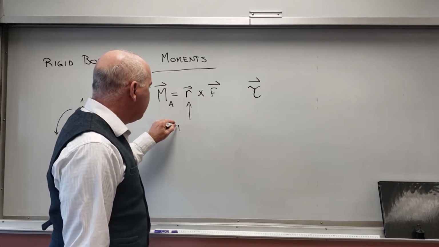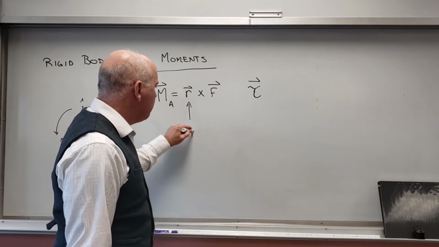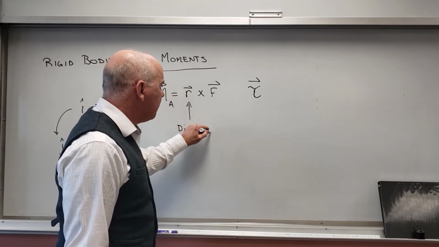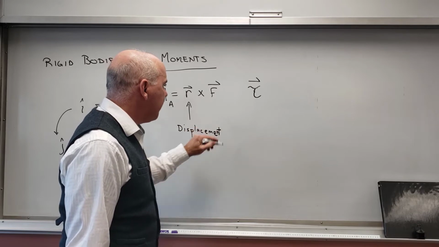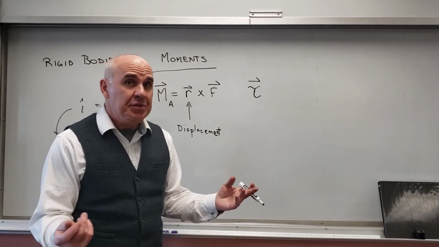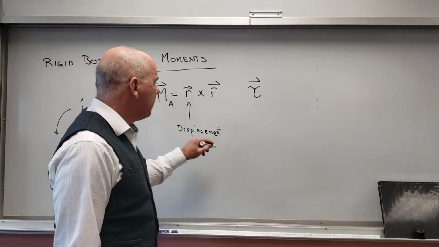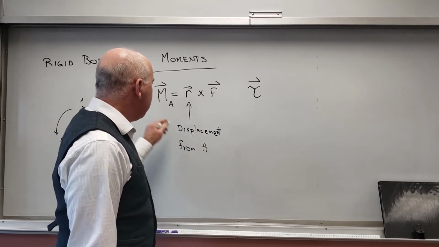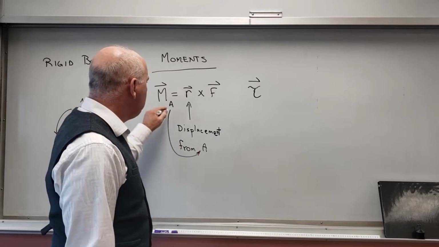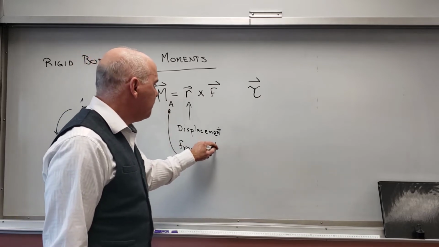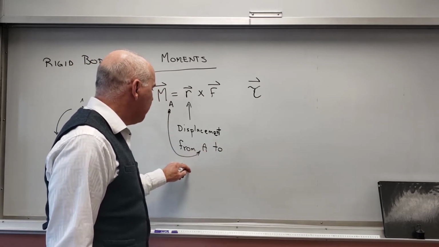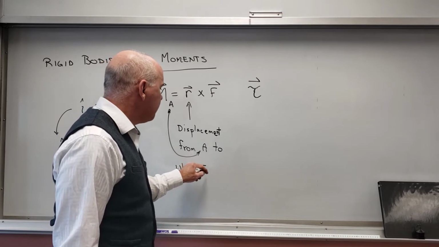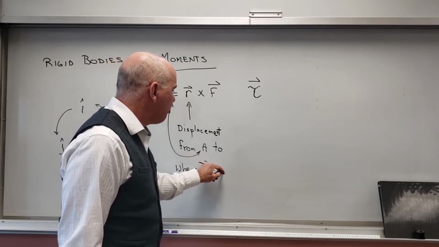I'm going to call it displacement to be more specific, because position implies that we are taking it around some origin. Oftentimes we do the moment about an origin, but it's going to be the displacement from A, that's the interesting point here, or the point of interest, to where the force is applied. So where F is applied.